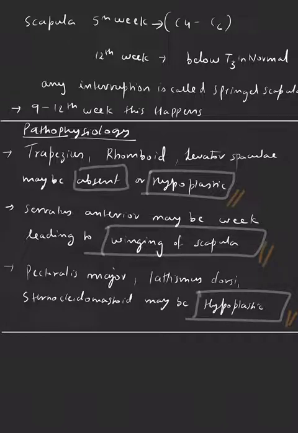So trapezius, rhomboid, levator scapulae may be absent or hypoplastic. Serratus anterior is usually weak, leading to winging of scapula, based on our first year anatomy knowledge. And pectoralis major, latissimus dorsi, and sternocleidomastoid may be hypoplastic because of its abnormal location.